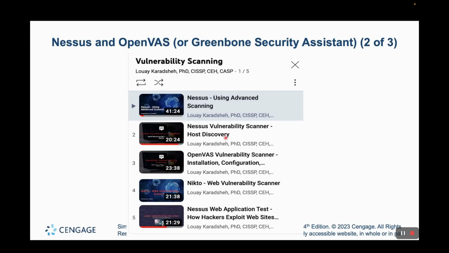For example, here we have Nessus using advanced scanning, Nessus vulnerability scanning, host discovery, Nessus web application test. So I basically go into details about the features, how to configure it, and how to do it. And here you also have the OpenVAS vulnerability scanner and Nikto, which is another well-known web vulnerability scanner.